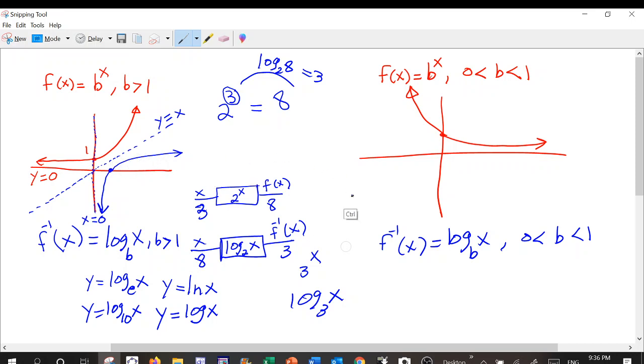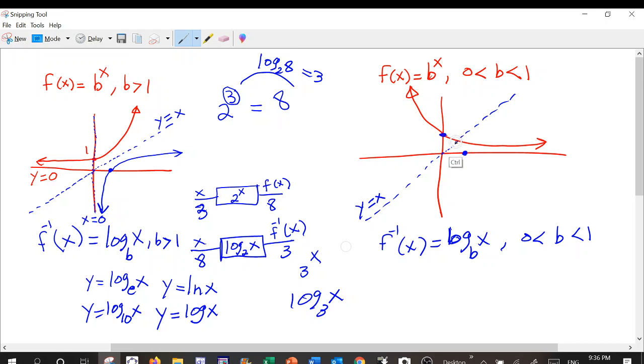Now, what if the base is between 0 and 1? Well, we do the same thing, but this time, again, we graph the y equals x. So this point, again, goes to 1, 0.